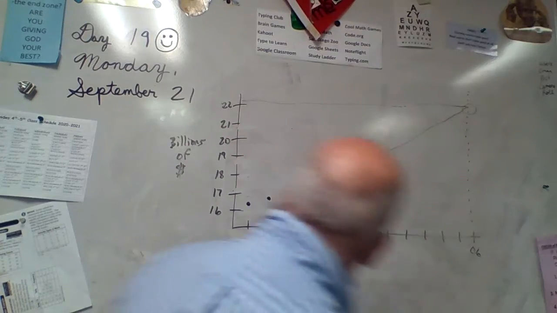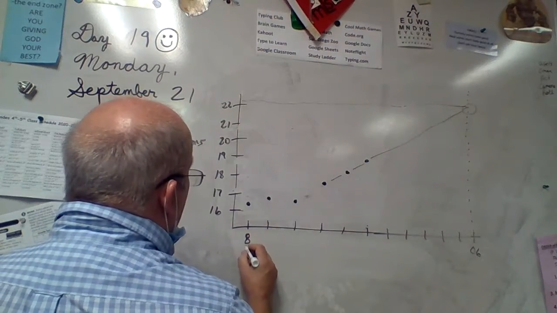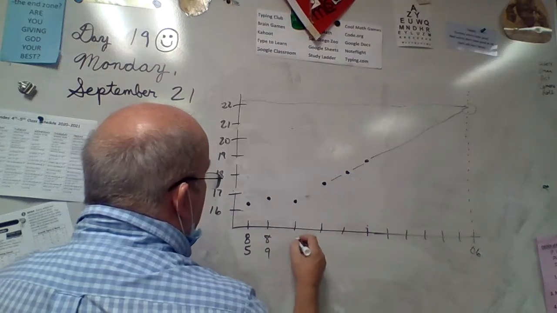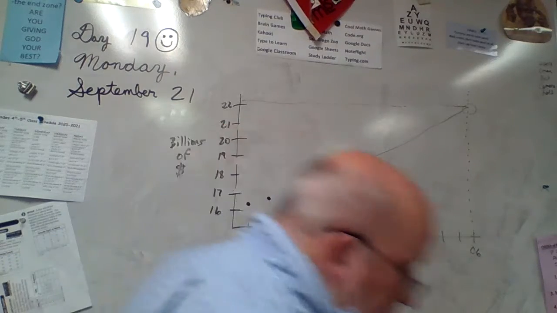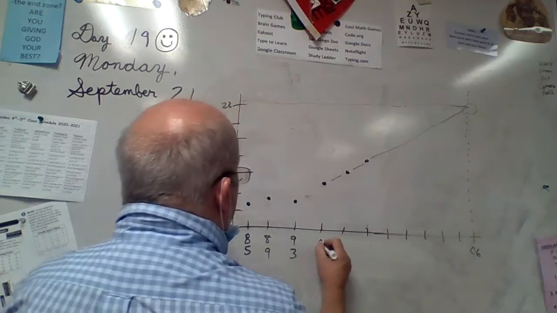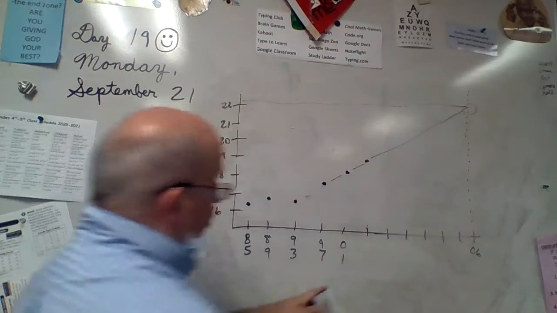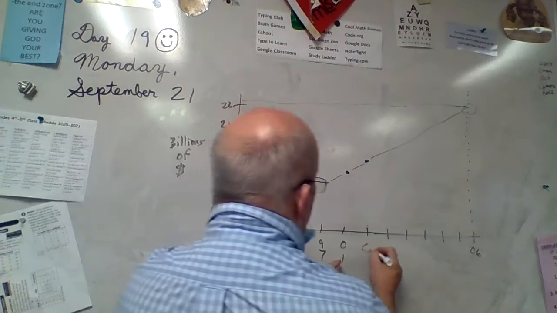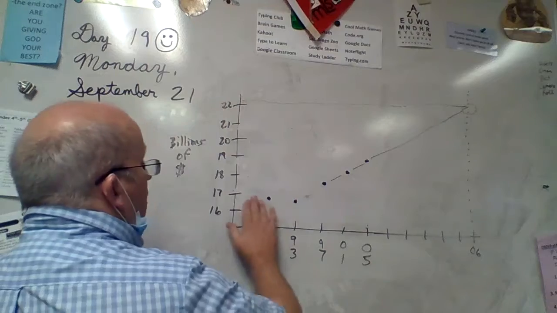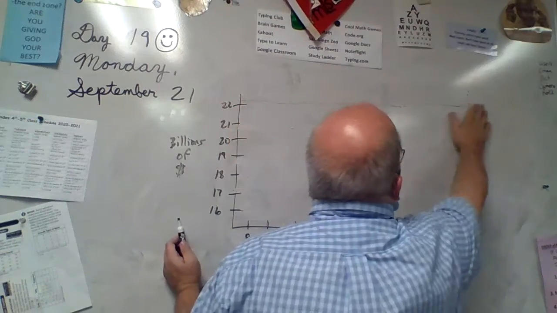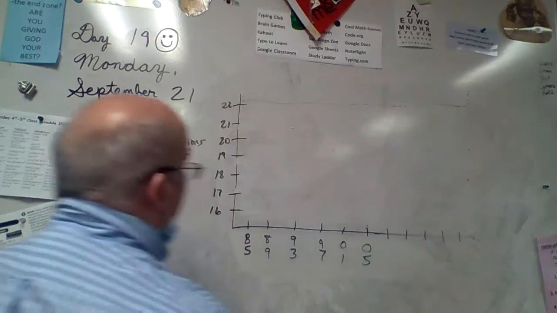Let's see, we're starting at 85, 89, 93, 97, and 2001, and we want to go to 2005, don't we? That's what it said. We want to go all the way to 2005.